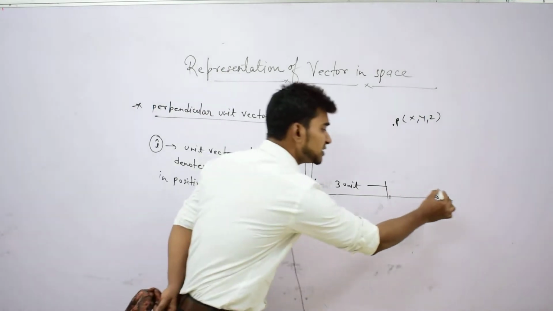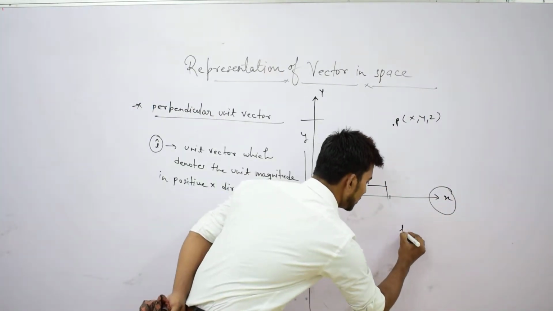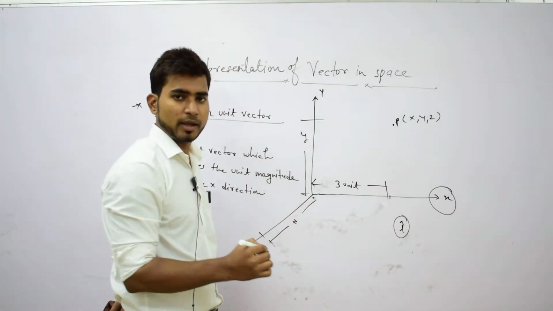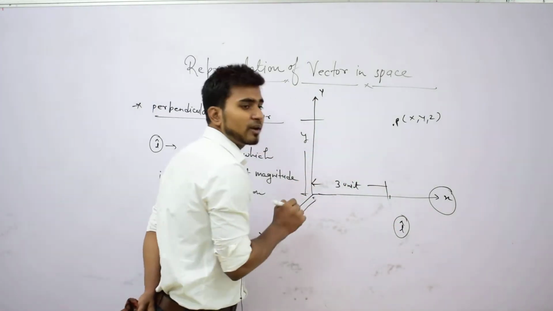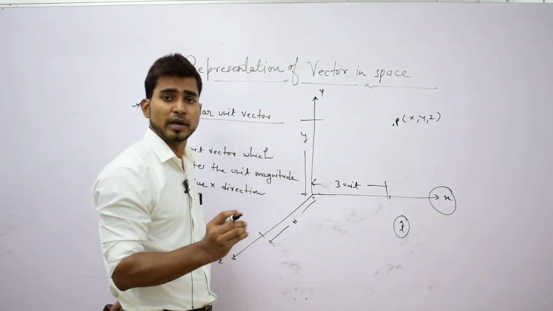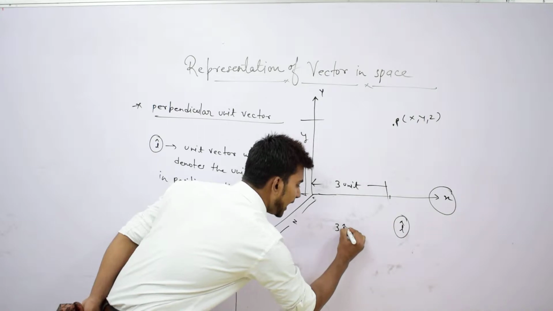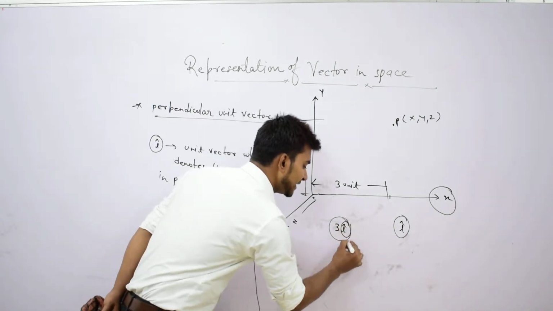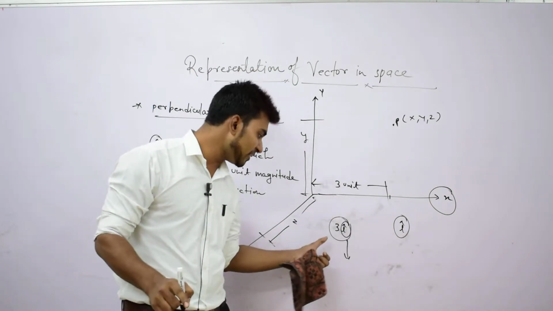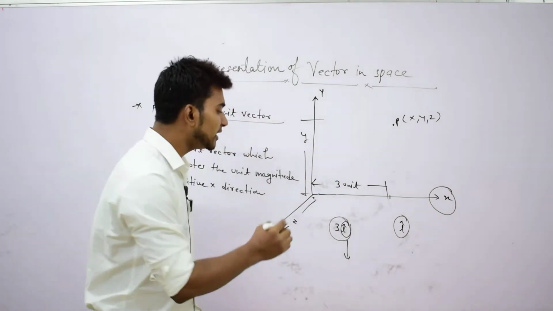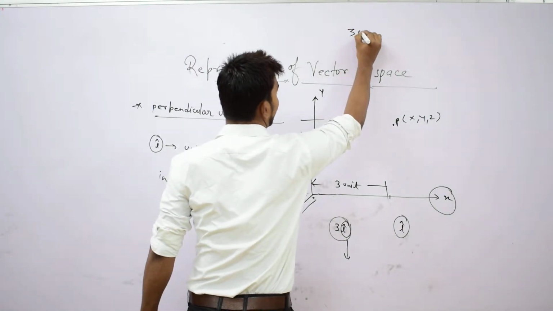For representing the positive x axis, we have to use I cap. But I cap gives the unit magnitude, and for this example I have taken 3 units. So in vector form it is 3 I cap, because I cap itself represents a single unit, so we multiply by 3.